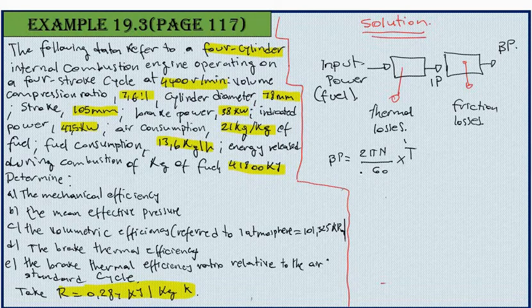We put 60 when the value is given in revolution per minute, not in revolution per second. So I just need to substitute the value. Do I have the torque? Okay, let me see.